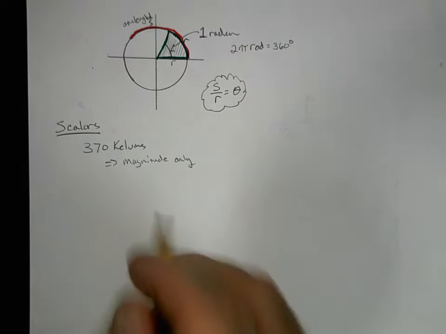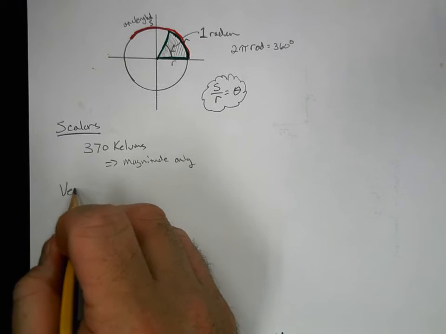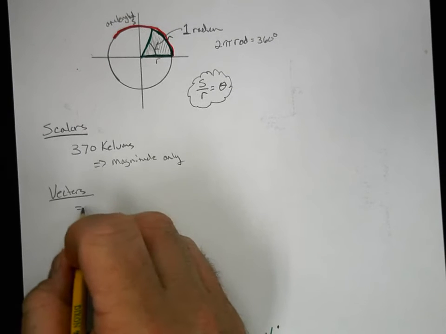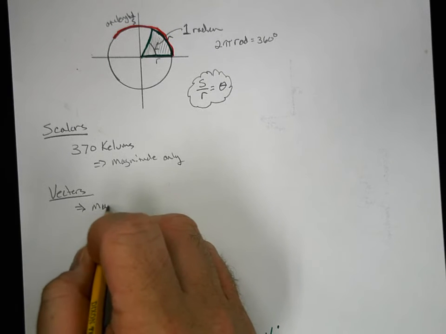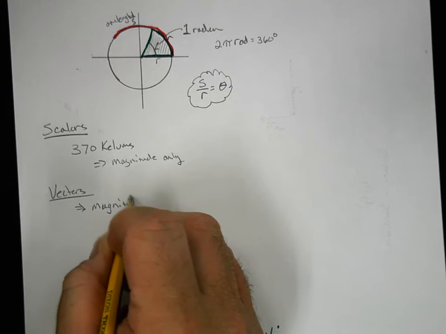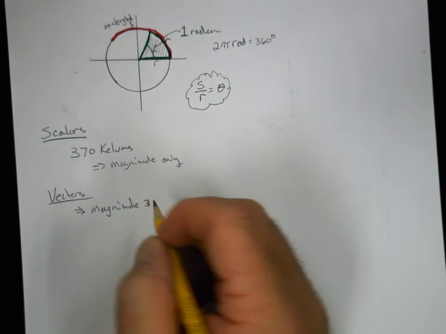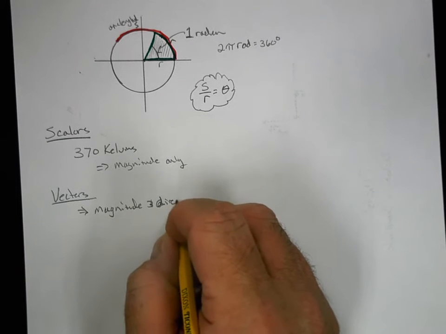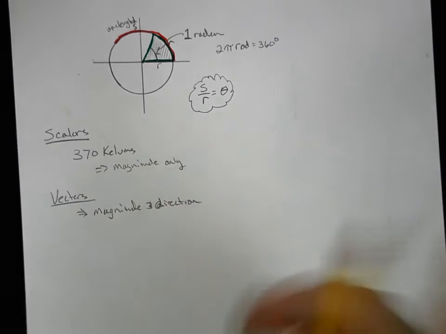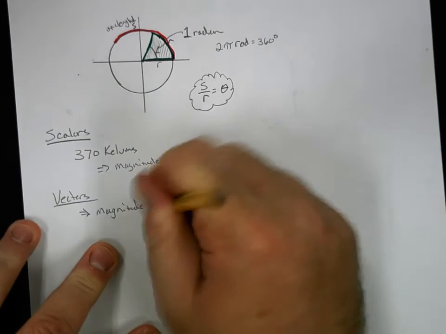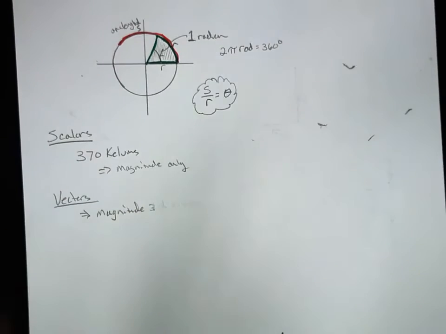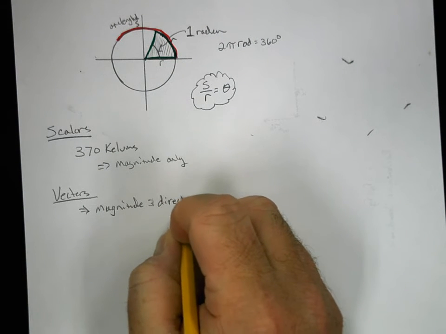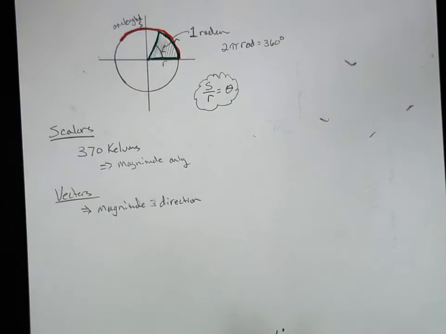Vectors have a magnitude and a direction. Okay, a direction. Corey Hunter, I know you're laughing at that. A direction.